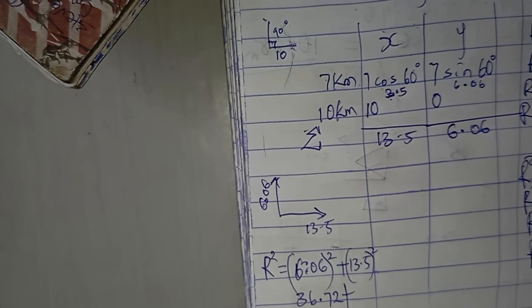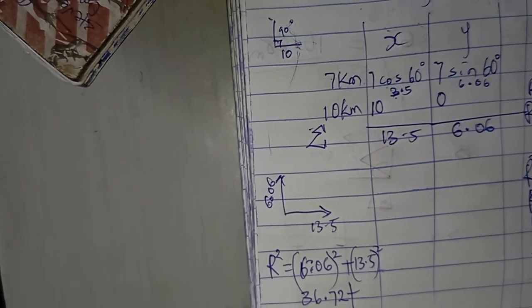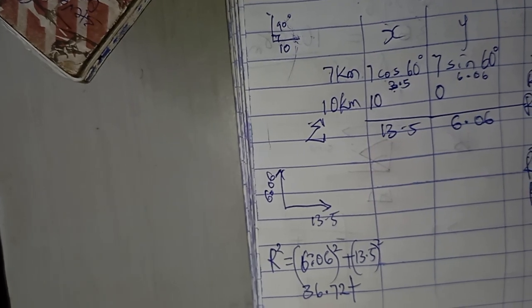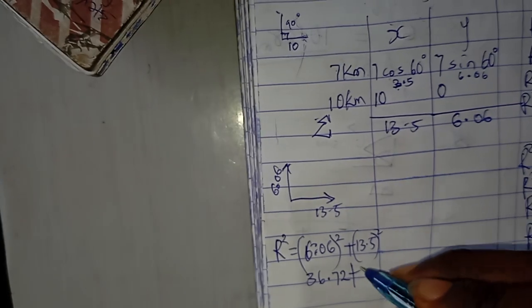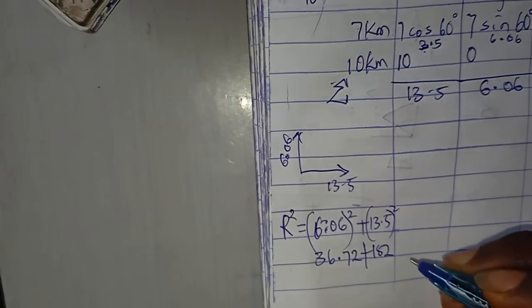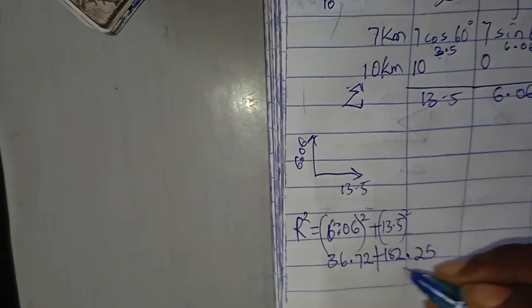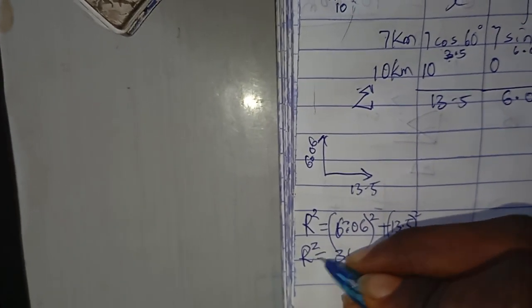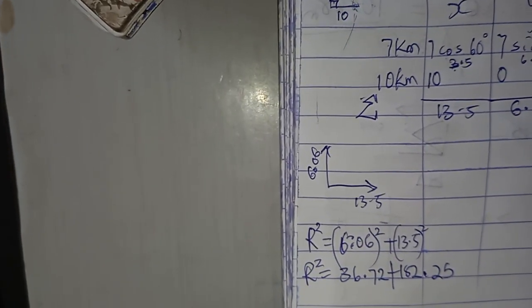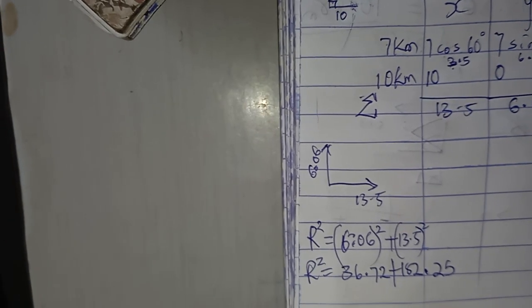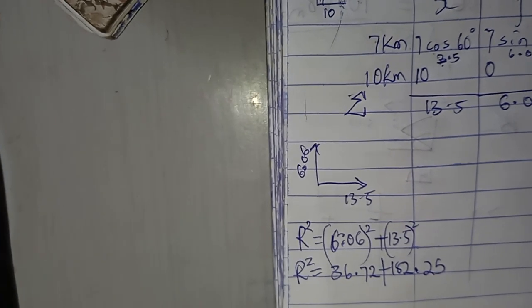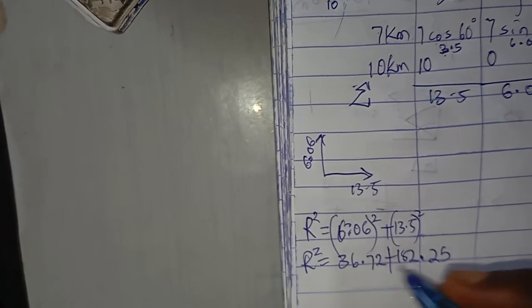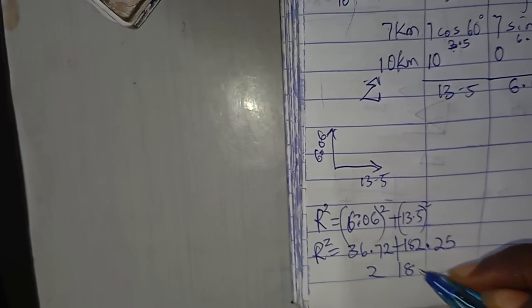Then let's do 13.5 raised to power 2. We have 182.25. So r squared is equal to, let's add it up: 36.72 plus 182.25. We have 218.97.